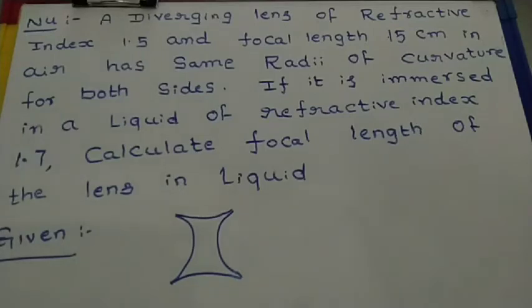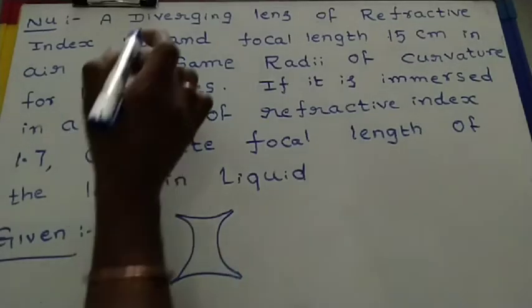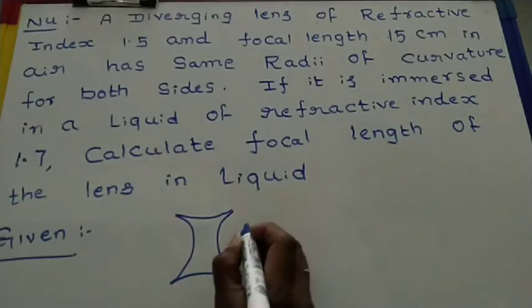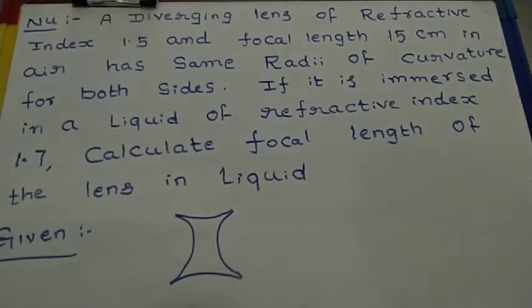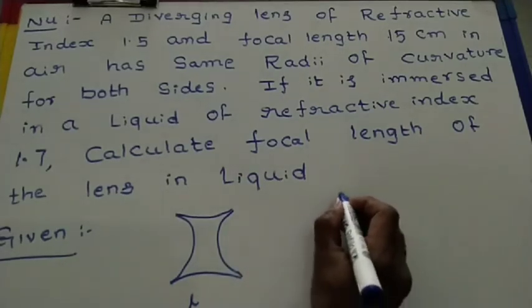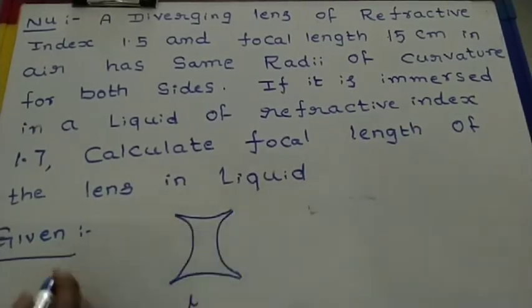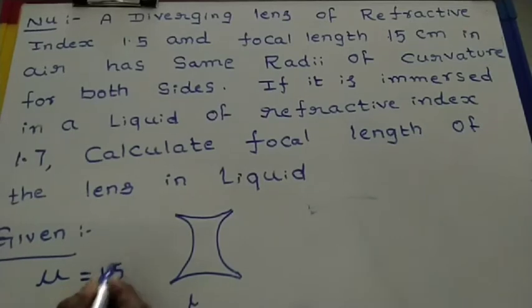So, diverging lens, another name is concave lens. That is the point you have to remember. And its refractive index, how much? 1.5. Okay, super.